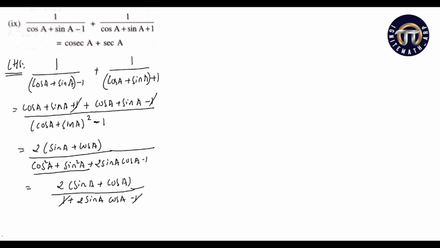This plus 1 minus 1 will get cancelled. So I'll be left with what, children? 2 into sin a plus cos a divided by 2 sin a cos a. So this 2 will also get cancelled. Now denominator belongs to both the numerators.